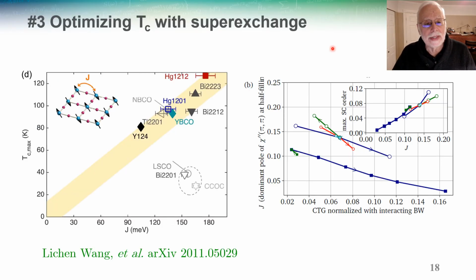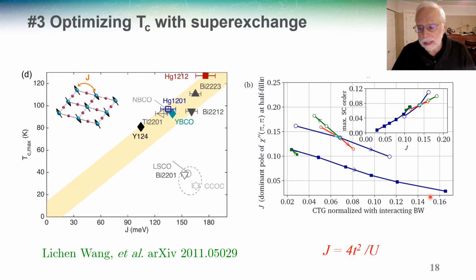The third comparison between theory and experiment that we want to make is between neutron scattering and the following calculations for superexchange, J here, as a function of charge transfer gap. As you can see, the calculated superexchange goes down with the charge transfer gap for both the covalent class of models and the ionic class of models.